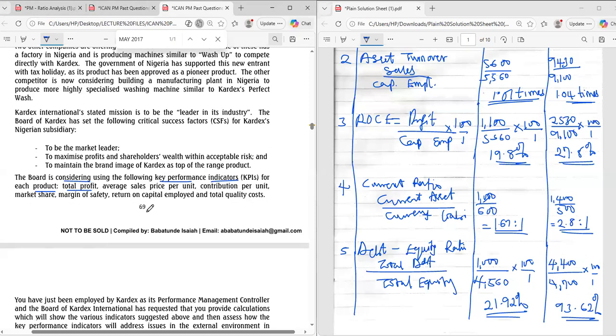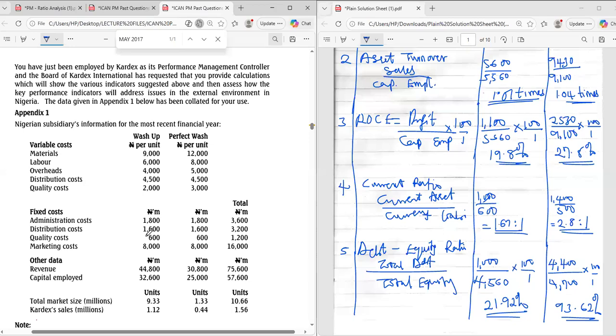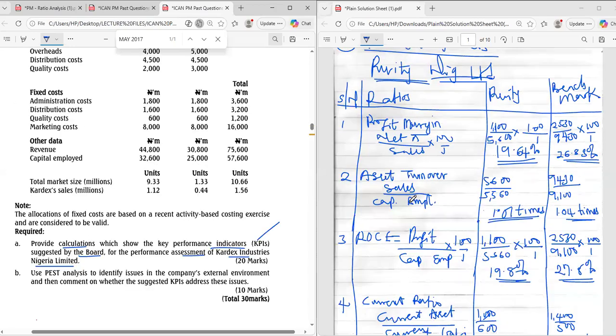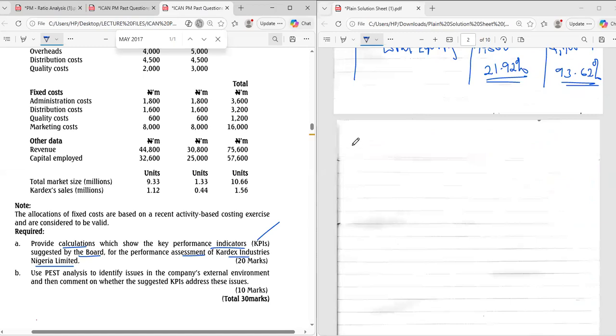Number 1 is total profits. Total profit is not a KPI. Average sales price per unit, contribution per unit, market share, margin of safety, return on capital employed, and total quality cost. These are the KPIs that we should provide calculations for. Very simple.